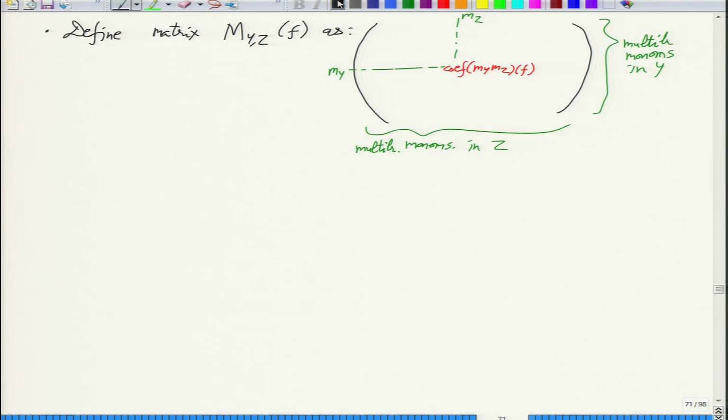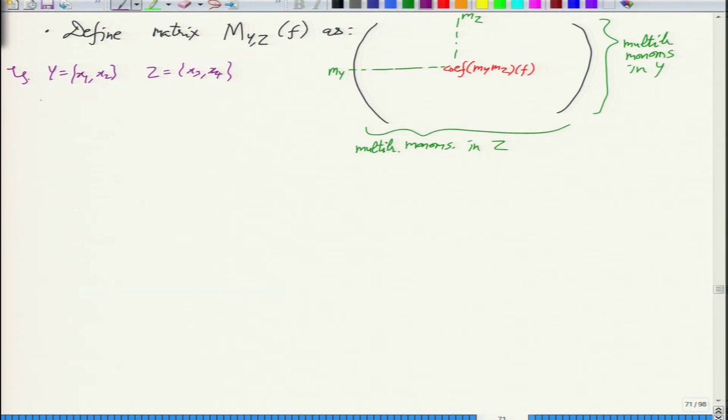For example, if you have y1, y2 and z1, or if you use x variables, we can write y as x1, x2 and z as x3, x4.